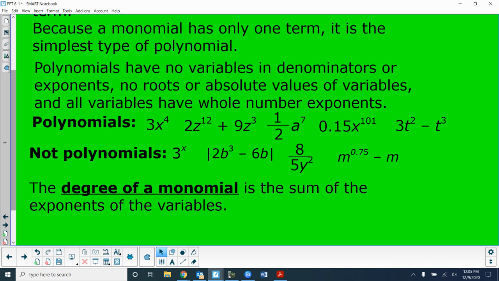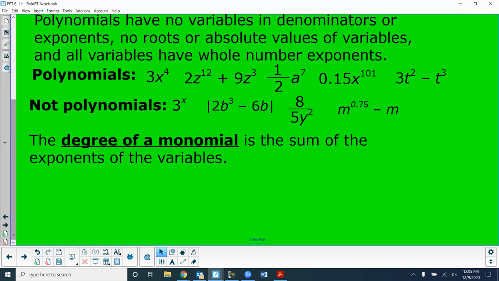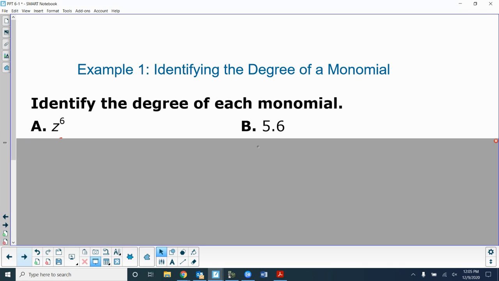The degree of a monomial is the sum, addition, of the exponents of the variables. So if I have a monomial with some variables, I add up all the exponents, and that is the degree of that monomial. Simple, right? So, Alyssa, what's the degree of this monomial?